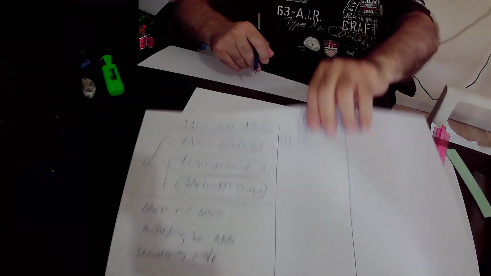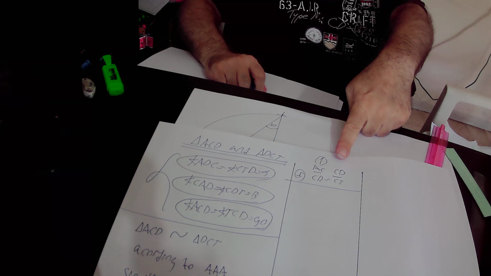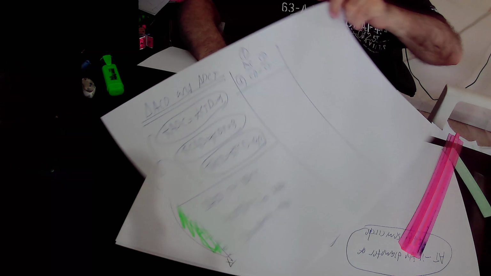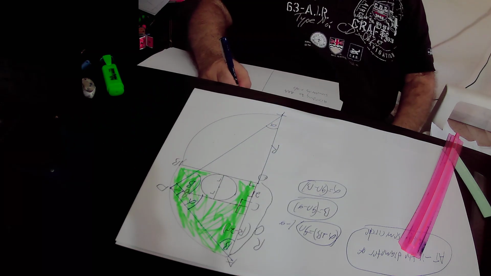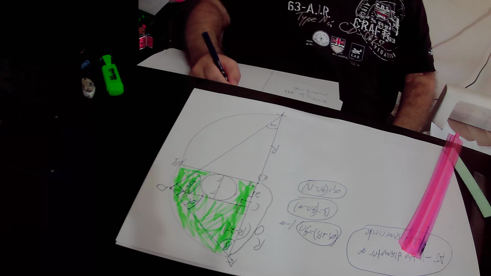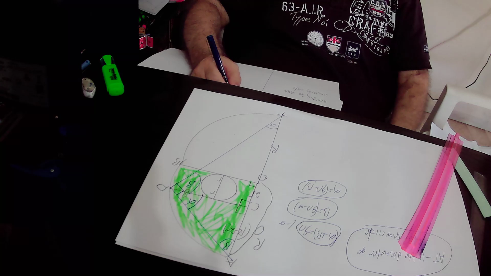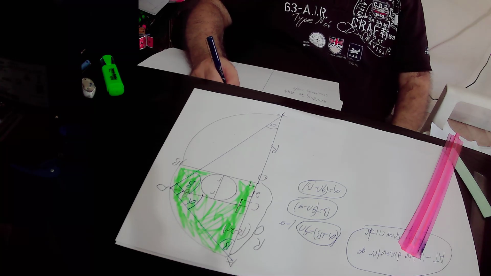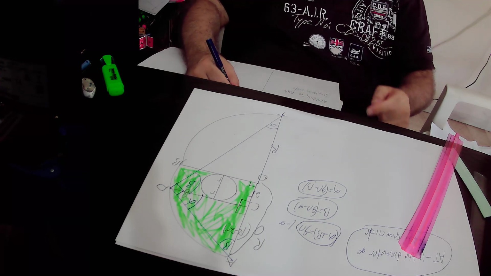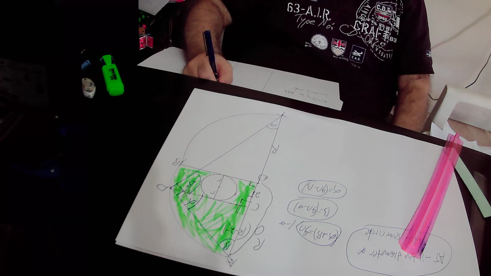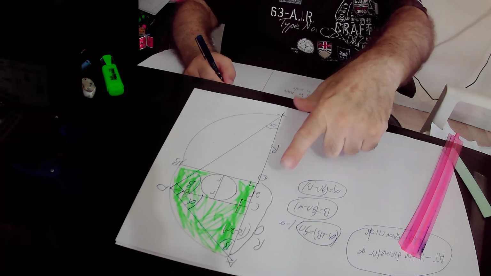We derive that AC over CD equals CD over CT. AC equals capital R minus 2R. CD equals 8 units. And CT equals 2R plus capital R.